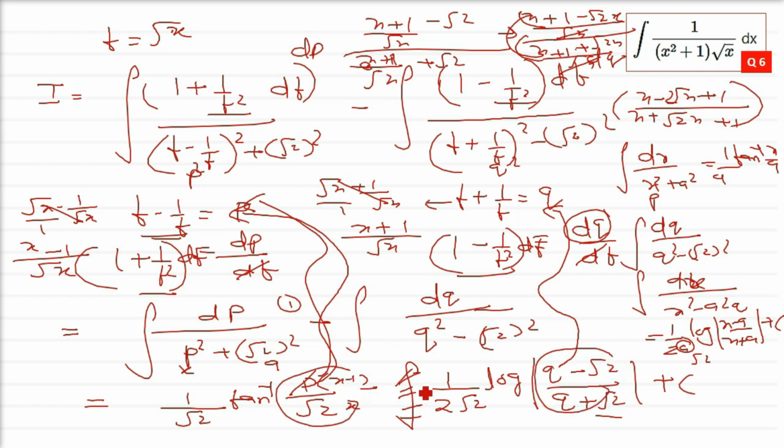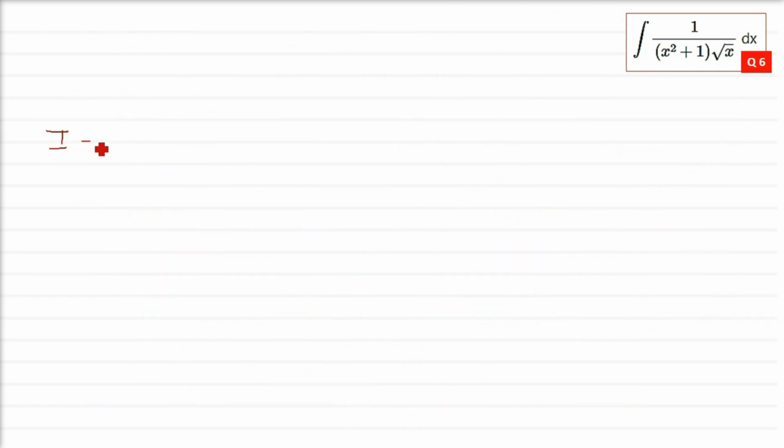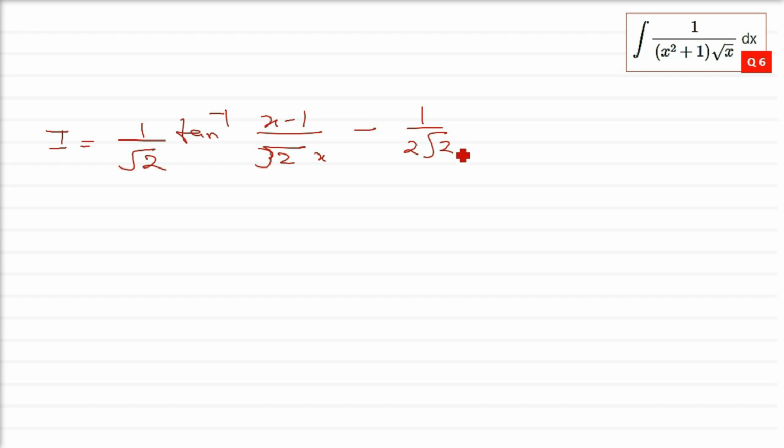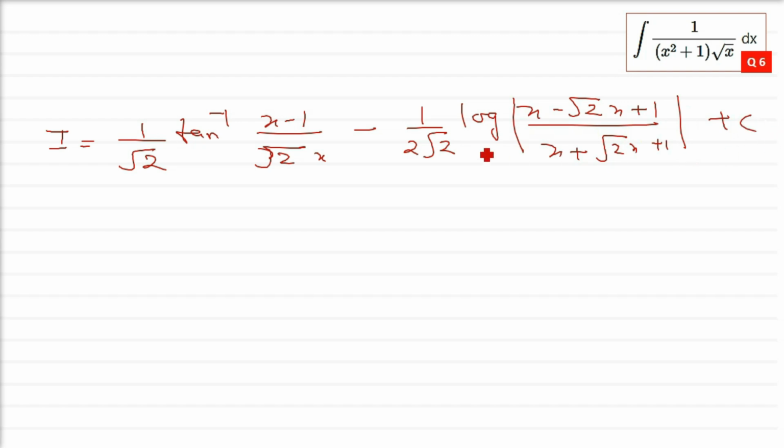So the final integration will be of this form: 1 by root 2 tan inverse of x minus 1 divided by root 2x, minus 1 by twice of root 2 log of x minus root 2x plus 1 over x plus root 2x plus 1 inside the modulus, plus a constant of integration.